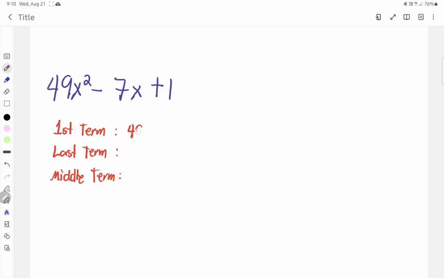So your first term is 49x squared. This is 1. And then this is negative 7x. Now, let's do the testing. First one, square root of 49x squared. That is 7x. Square root of 1 would be equal to 1. So I think we're good with that.